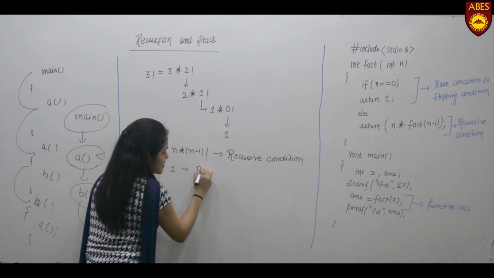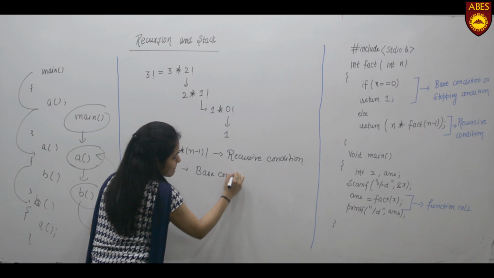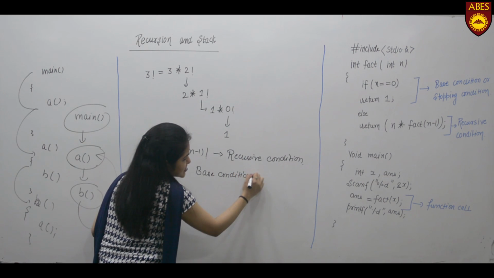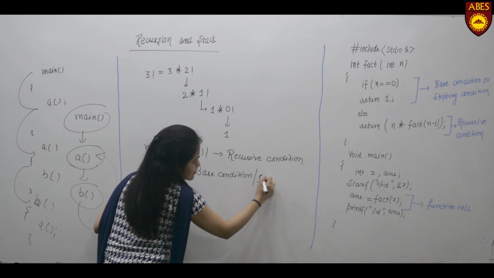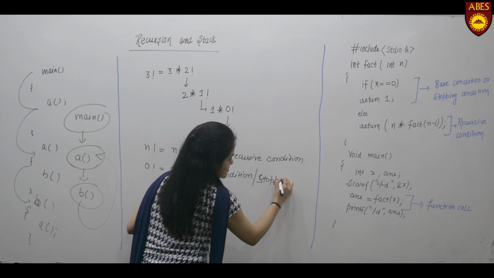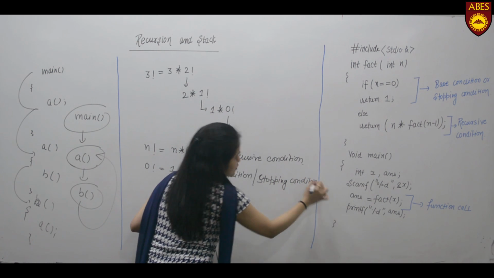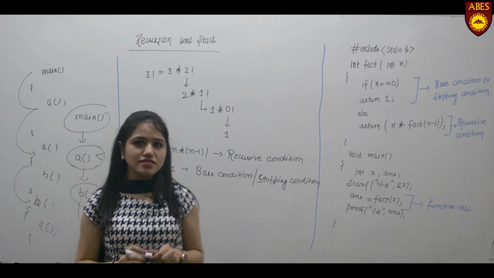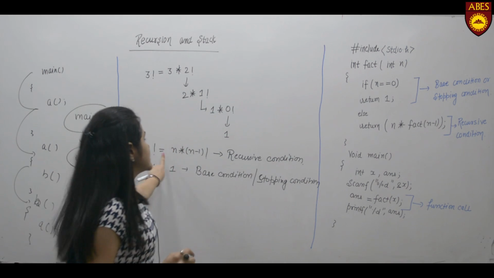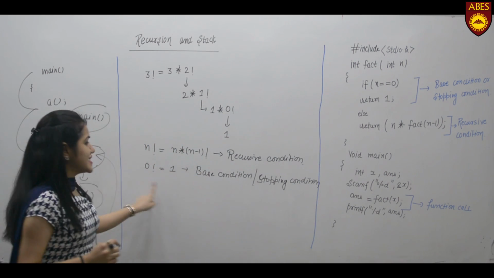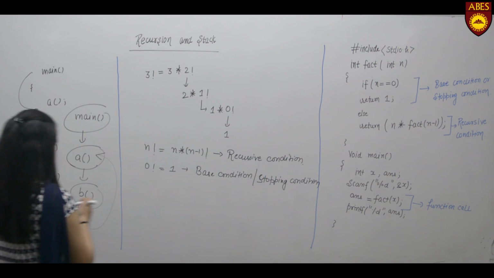This is our base condition or stopping condition. So in order to implement recursion, we require two things. First is our recursive condition and second is the base condition.